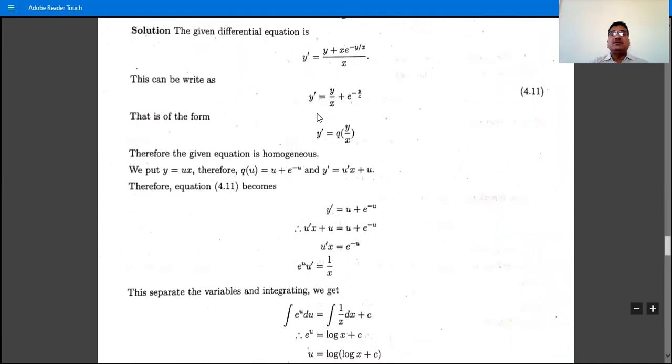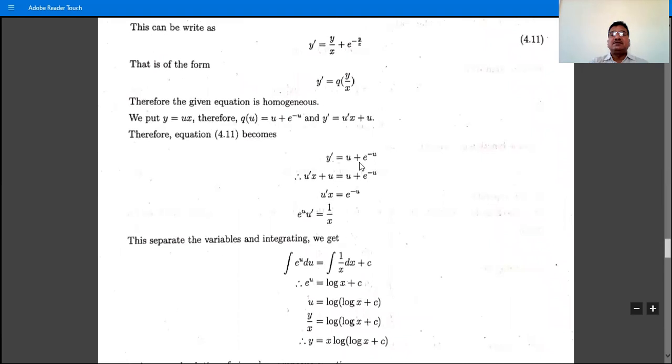So substitute y is equal to vx, and so we have v is equal to y by x. Right here the notation in the place of v is u, so substitute y as ux. While writing these problems in your notebook, apply the substitution y is equal to vx. Don't write ux.